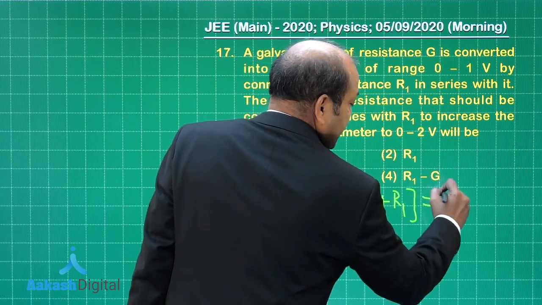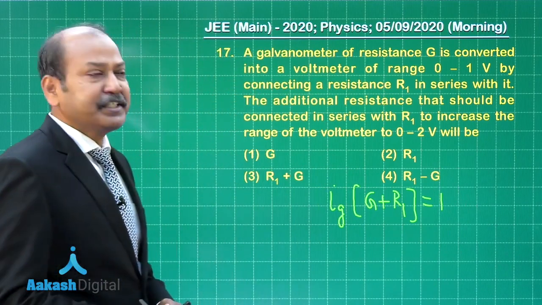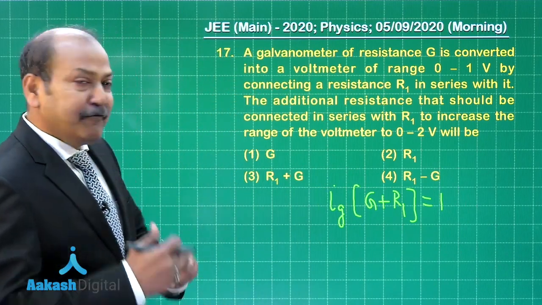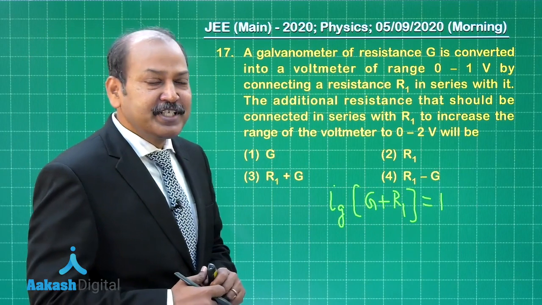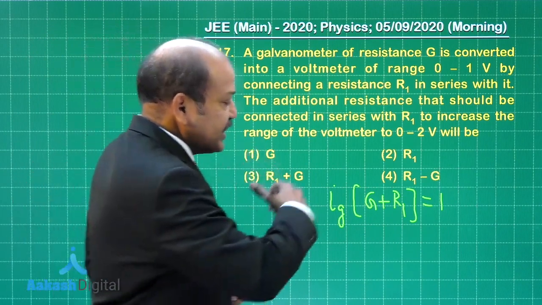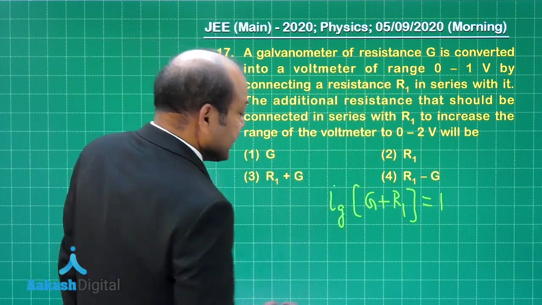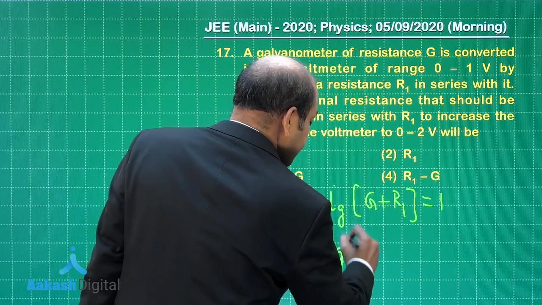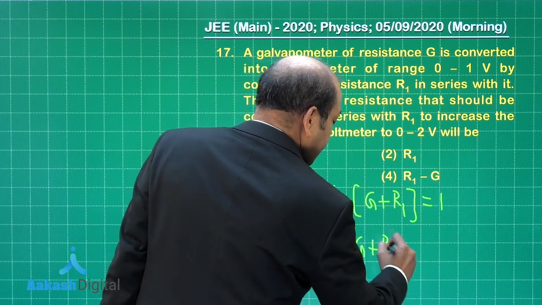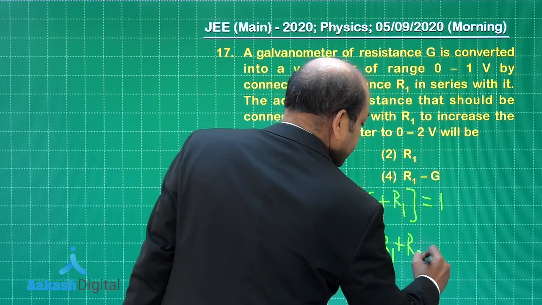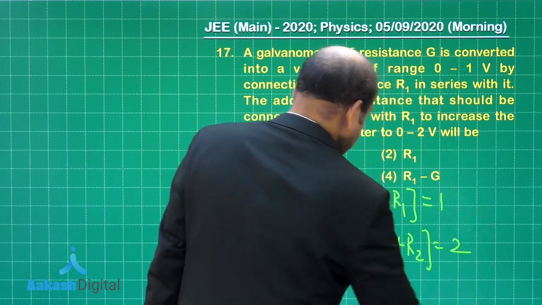This is coming out as 1 volt according to the question, and when we are connecting R2 also in series with it, the range goes up to 2 volt. That means the second equation is Ig into G plus R1 plus R2 is equal to 2 volt.